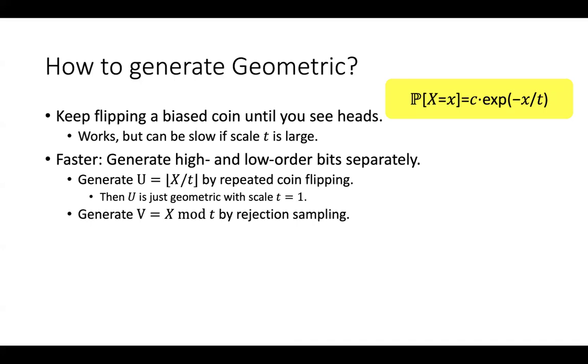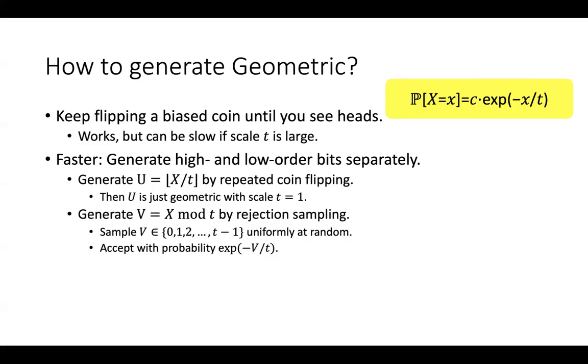Now the low order bits is x modulo t, and we're going to do this with our favorite tool, rejection sampling. So we're going to sample a uniform v between 0 and t minus 1, and we'll accept it with probability e to the minus v over t. So we independently generate u, the high order bits, and v, the low order bits, and we just add them back together.